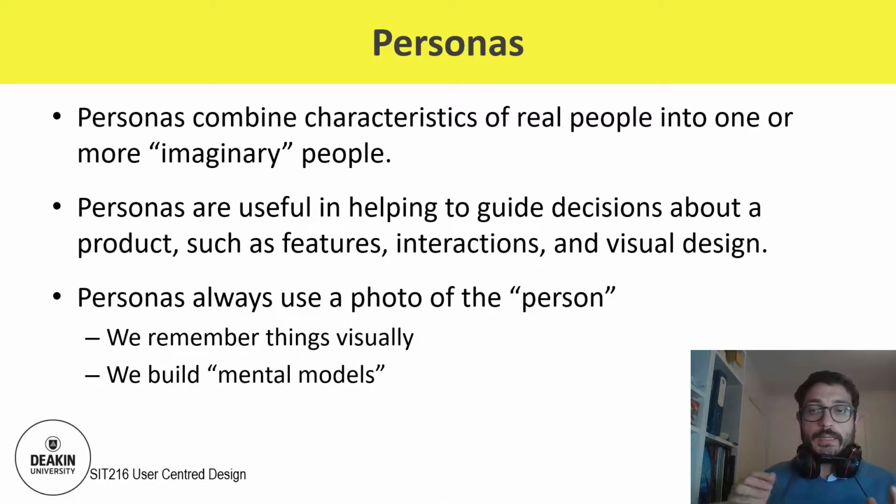So when we try to create this persona, we try to make it as real a person as possible. And a real person will have what? We'll have a name, we'll have an age, we'll have a picture. So we always try to imagine them.